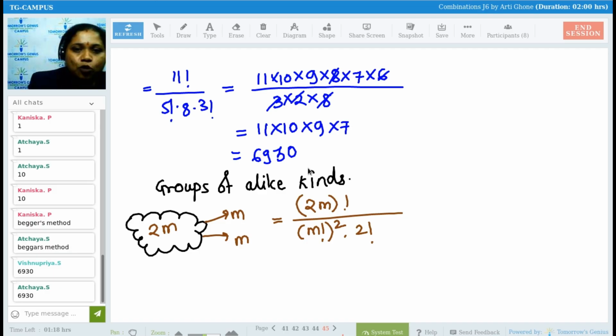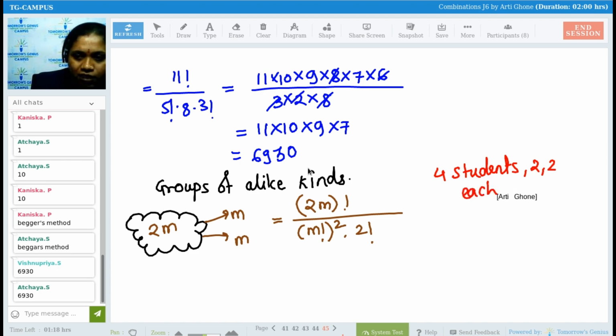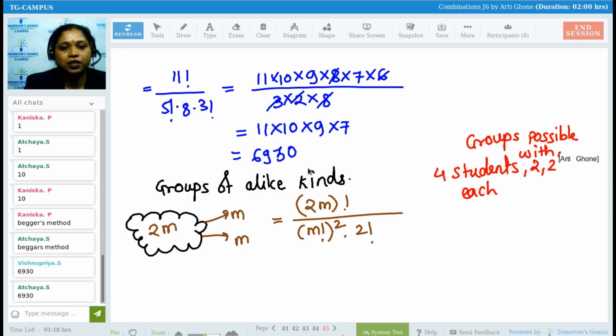So how many ways to group 4 students, 2 to each? Just tell me the grouping, how many groups are possible? 4 students having 2 in each group.